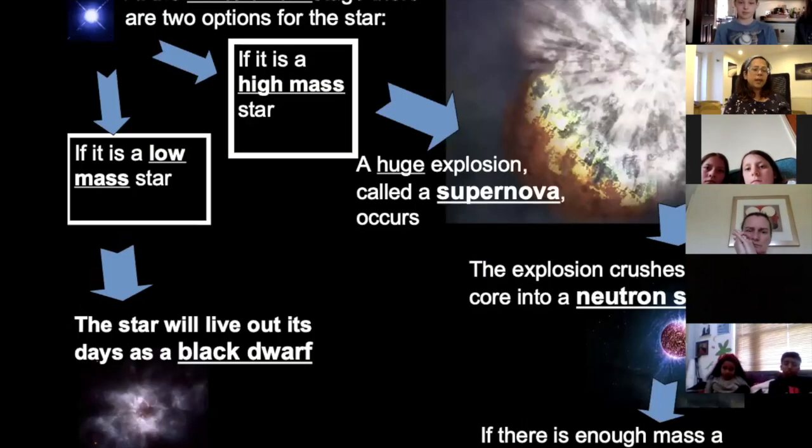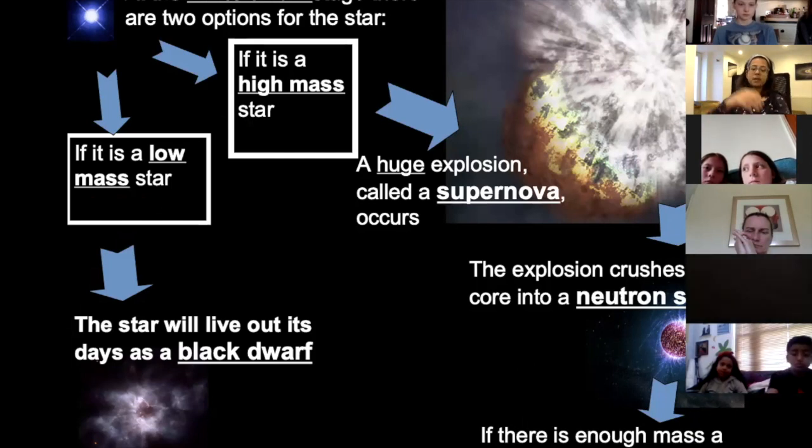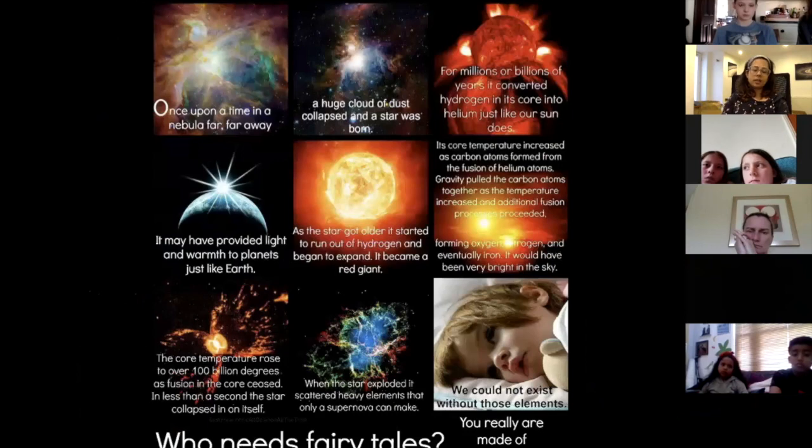If they are much bigger, they will turn into a supernova explosion, and that material floats away and your neutron star is left. But if it is even bigger, then the neutron star will keep collapsing into a black hole. And it's just like a fairy tale.